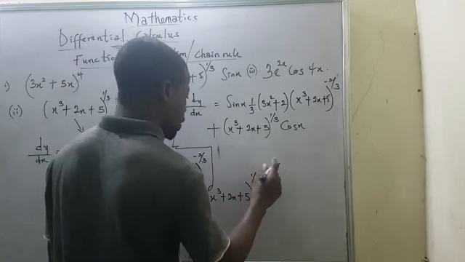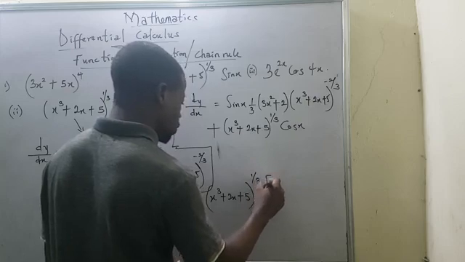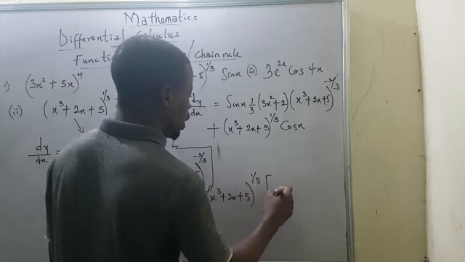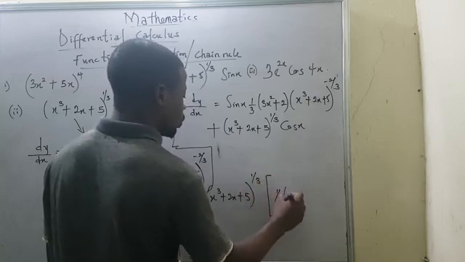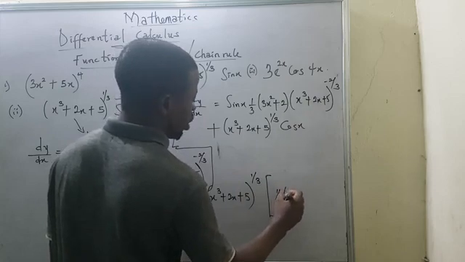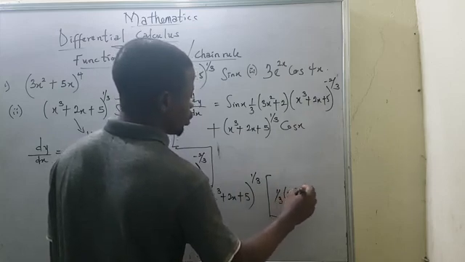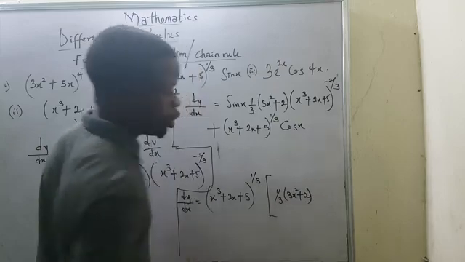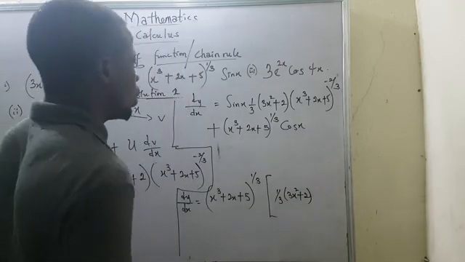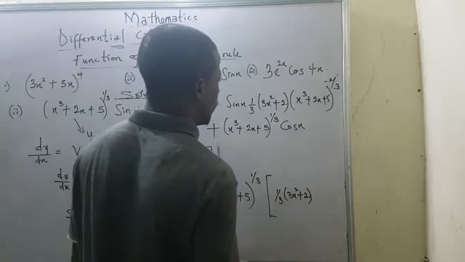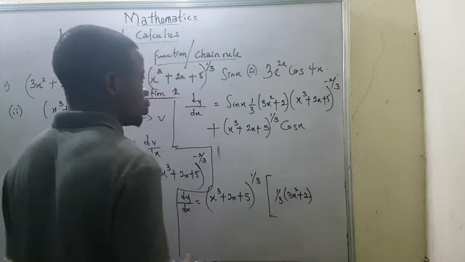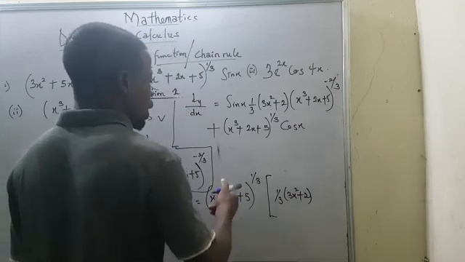Then open a bracket. Okay, let's do this. Then you have 1 over 3, open a bracket, 3x squared plus 2. You see this? So you have raised to the power minus 2 over 3, right? So what will you add to this?